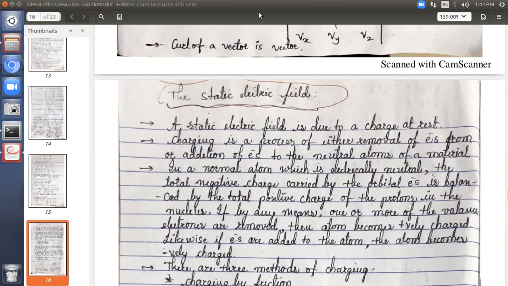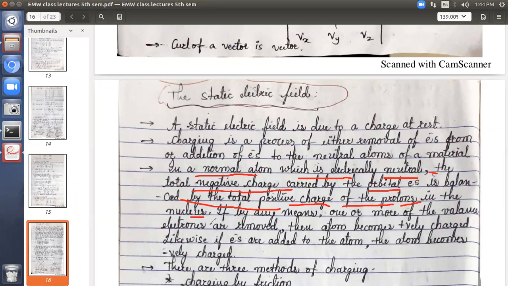In a normal atom, even our human body, we are neutral in nature, because the amount of electrons and the protons, the positive charge, are balanced. So we are neutral in nature. In a normal atom, which is electrically neutral, the total number of negative charges, that is orbital electrons, is balanced by the total positive charges, that is protons in the nucleus.